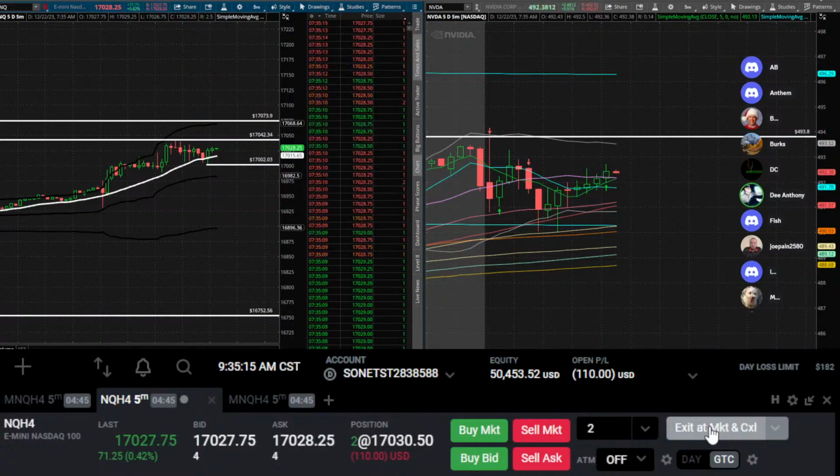Got that close over that 20 SMA on the video here. So maybe if I get a little bit of a confirmation, I might inch my way into that and then look to add size on a 493.80 break if that happens.